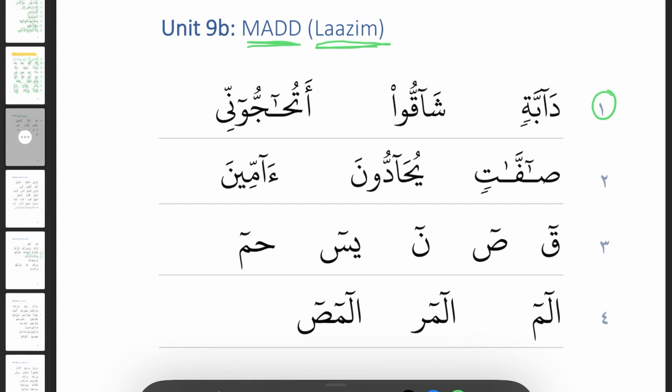Well, the clue is in the letter that follows that squiggly med. Have a look. It's a ba. Okay, nothing special about that, but it's the fact that it's got a shadda.